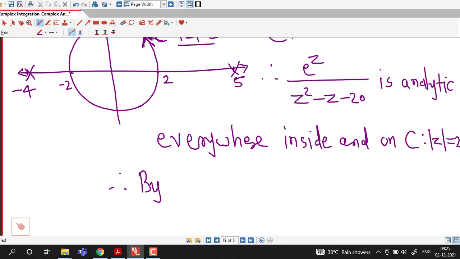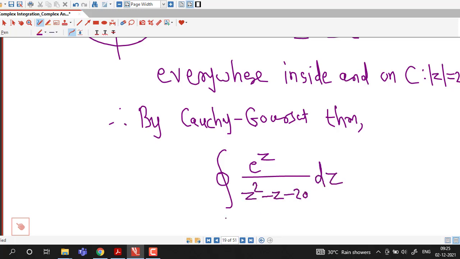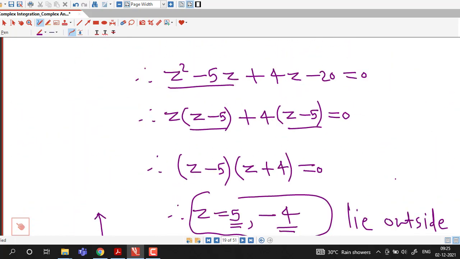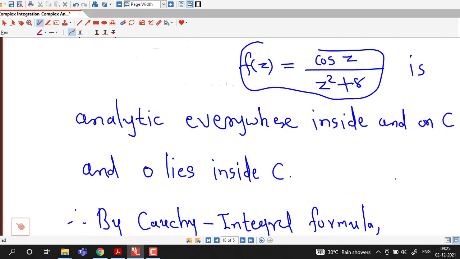So therefore by Cauchy-Goursat theorem, the integral of this function along this simple closed contour is 0. So in the second part we are able to evaluate the integral using Cauchy-Goursat theorem.